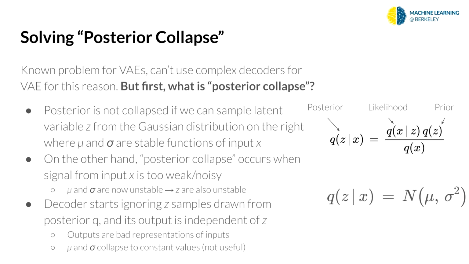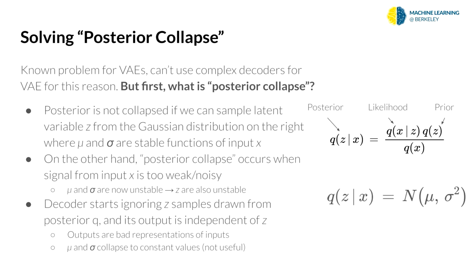On the other hand, posterior collapse occurs when the signal from x is too weak or noisy. If we have some image x that is very noisy and weak, the latent continuous space that we learn, Normal(mu, sigma), has a mu and sigma that essentially mean nothing. They're just random constants. That's what is referred to as posterior collapse.